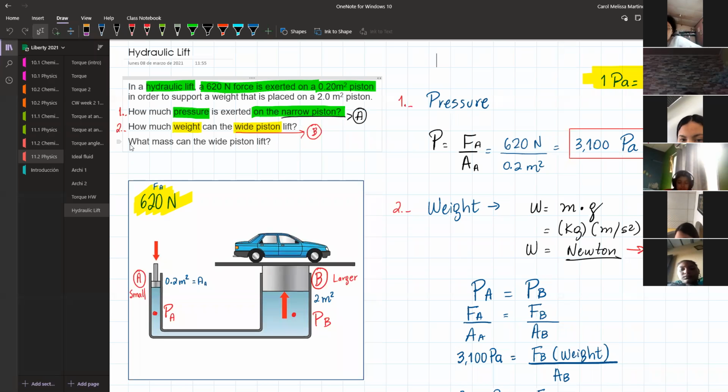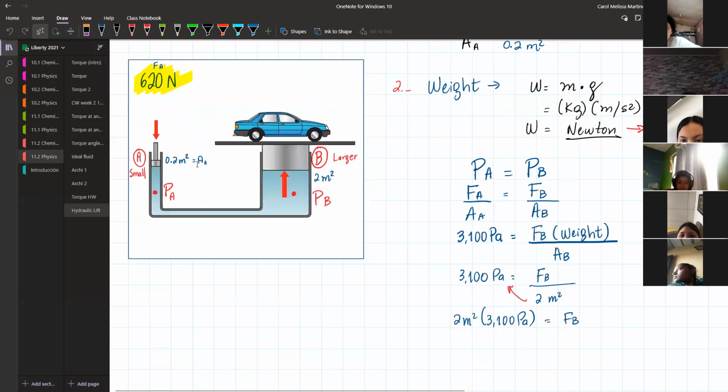To isolate, just move it over there from division to multiplication. So 2 times 3,100 is going to give you 6,200. And because I'm looking for force, this is going to be given in newtons. So the weight that it can lift is 6,200 newtons.